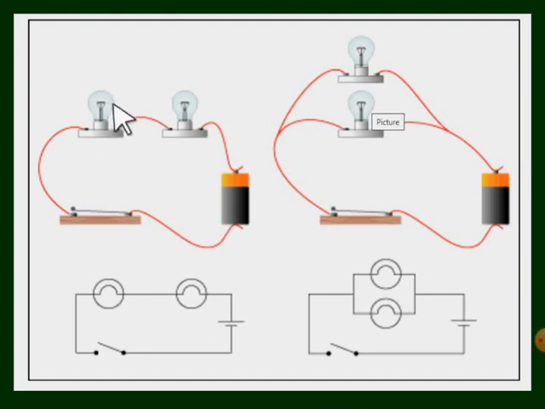If you connect one end of this resistor or bulb to the other, and so on, if you keep on going, then we call it a series connection. The schematic diagram will be like this. In the case of parallel, the two terminals are connected at one point, and the remaining terminals are connected at one point. Then we call this a parallel type of connection.